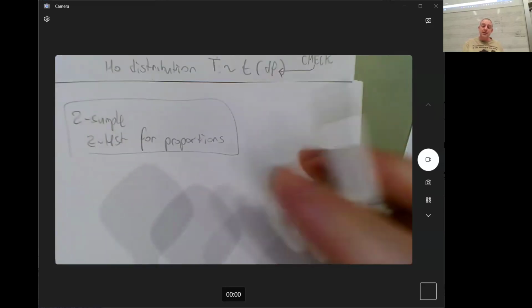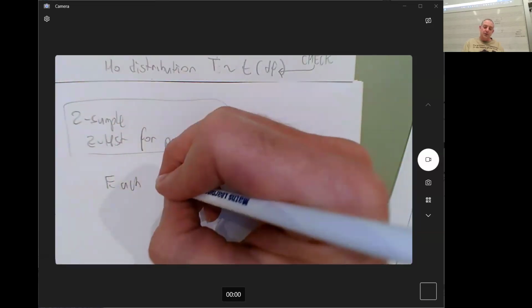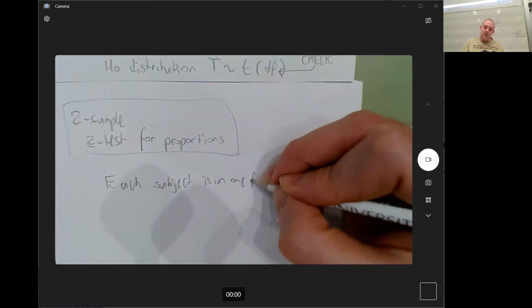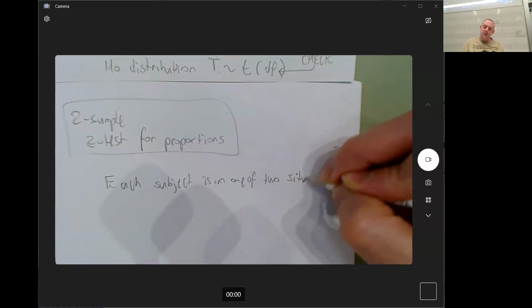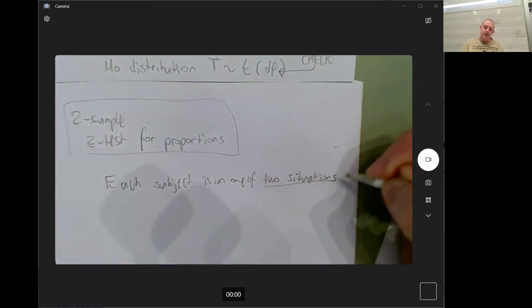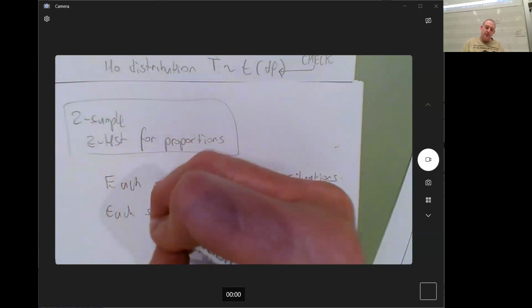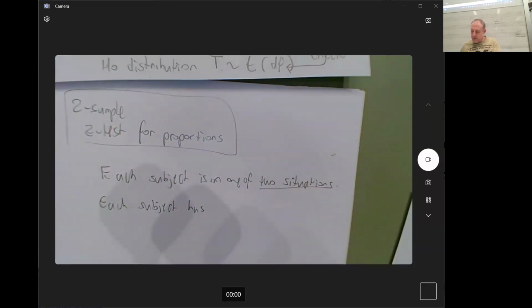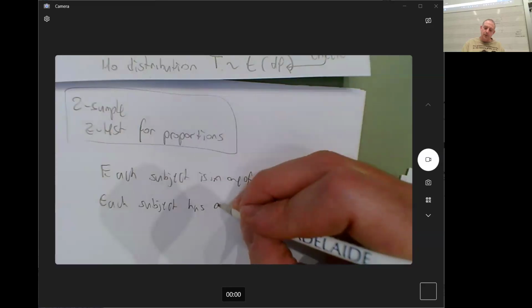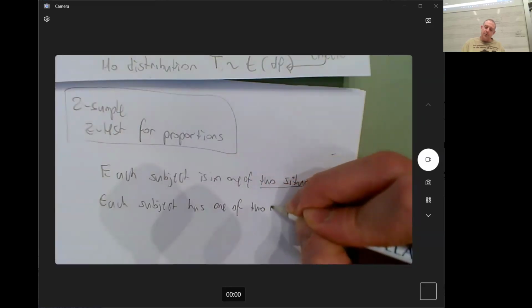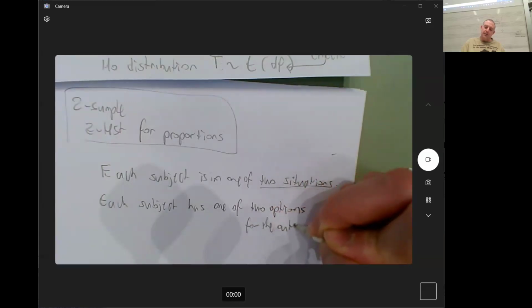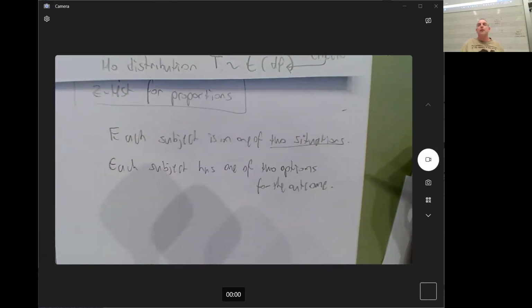So the situation is similar. So this one, each subject is in one of two situations. Each subject has, how did I say it before? One of two options for the outcome. And you focus your attention on whichever one you care about.